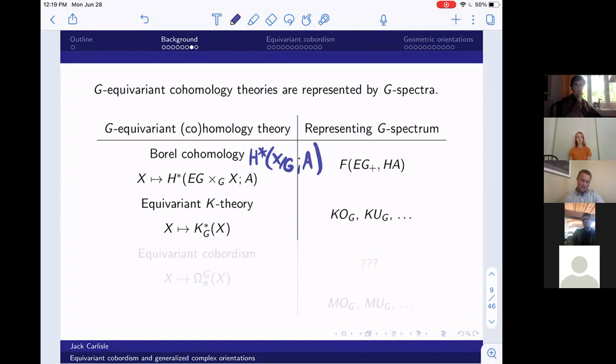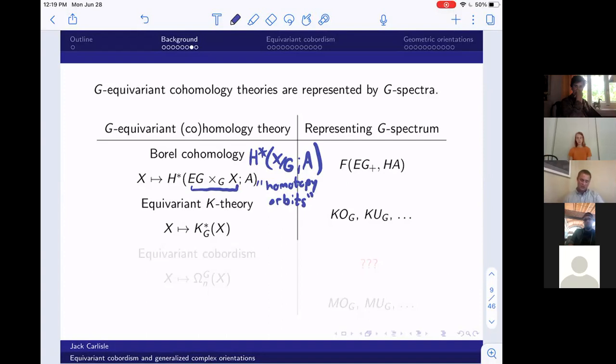The problem is that taking quotients by a G action is not a sufficiently homotopy invariant operation. And so instead of taking the actual orbits of our space X, we have to take the so-called homotopy orbits. We take our space EG, which is characterized by the fact that it is non-equivariantly a contractible space, and G acts freely on EG.